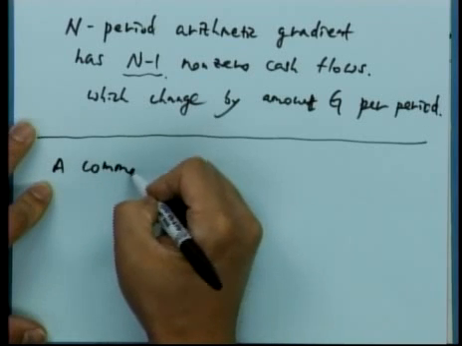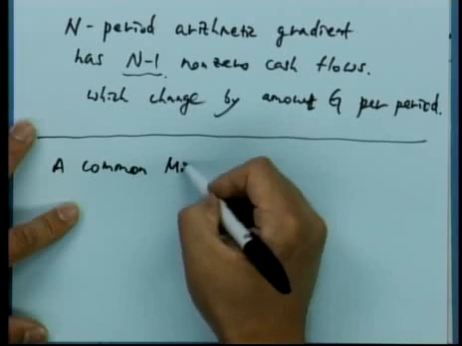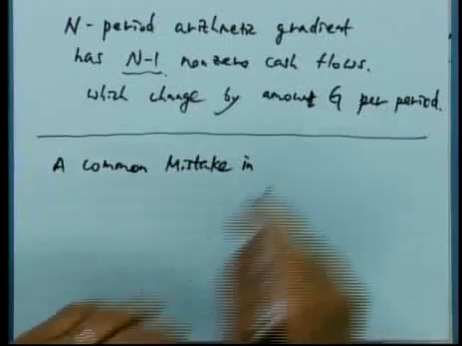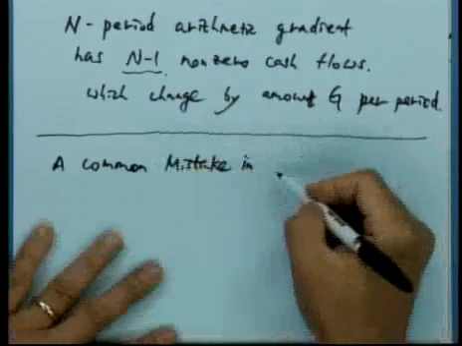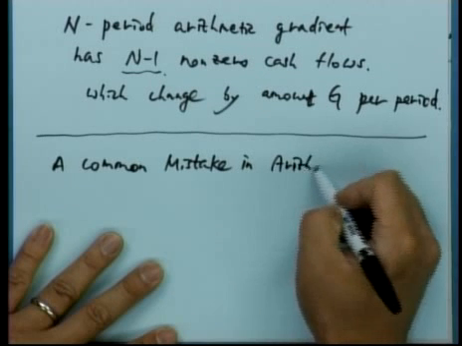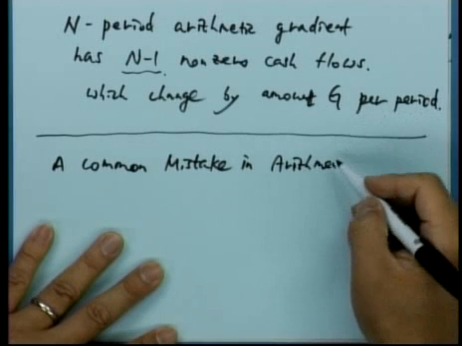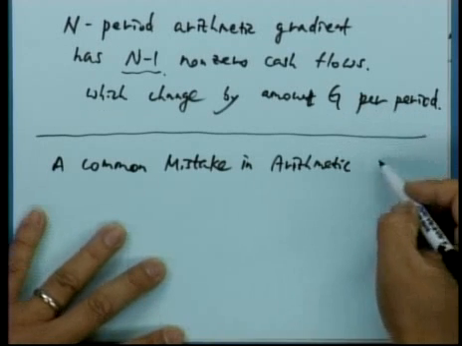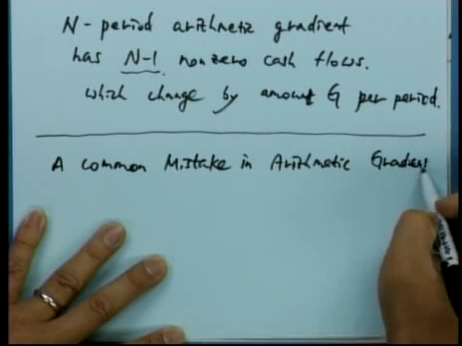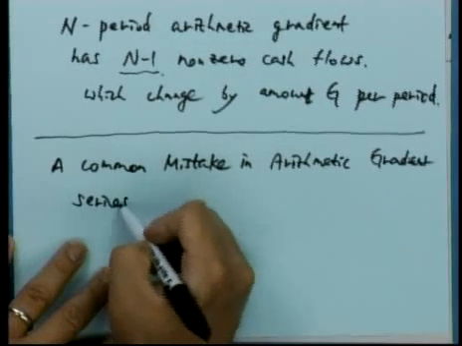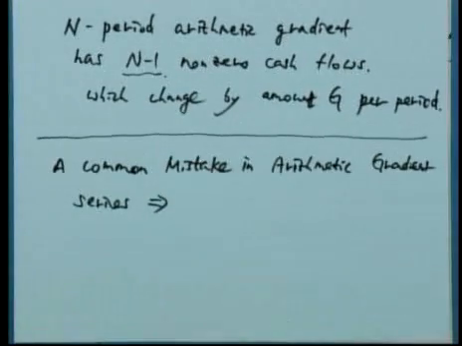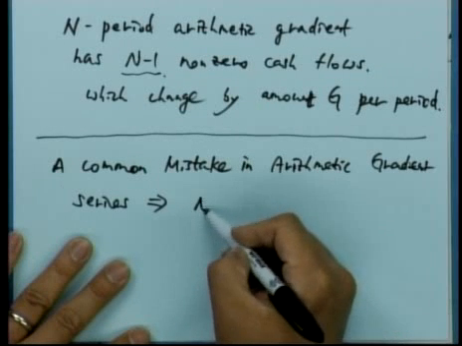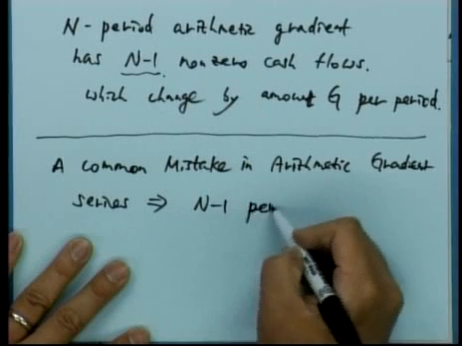A common mistake in the arithmetic gradient series is to visualize it as n minus 1 periods long.